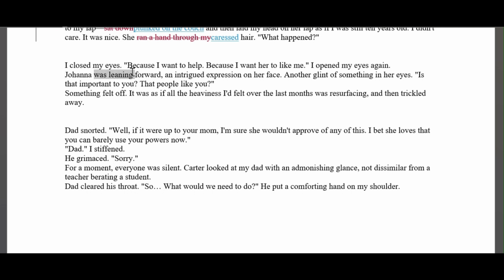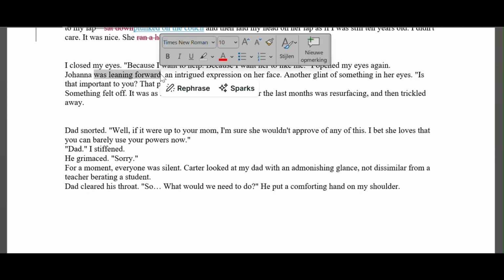So here we have the to be variant, because she was leaning forward. That's because Joanna started leaning forward or leaned forward when she had her eyes closed. But instead of doing it this way, we could say it a bit differently.